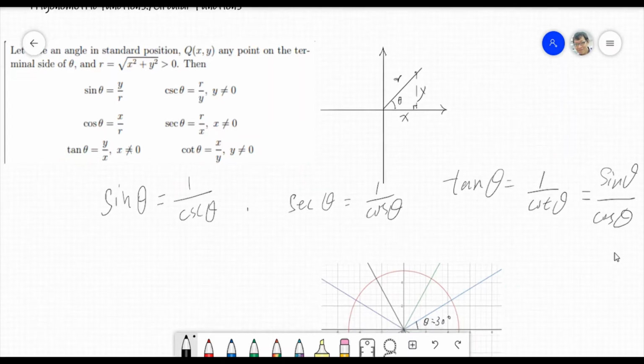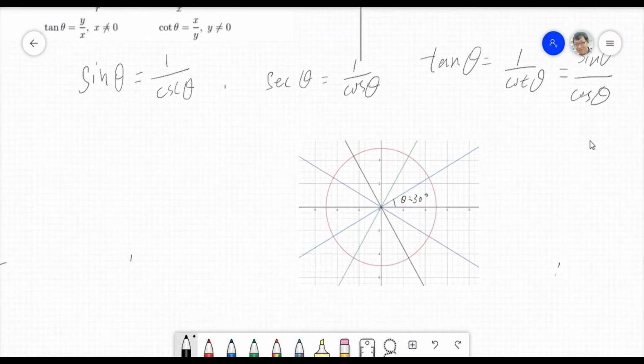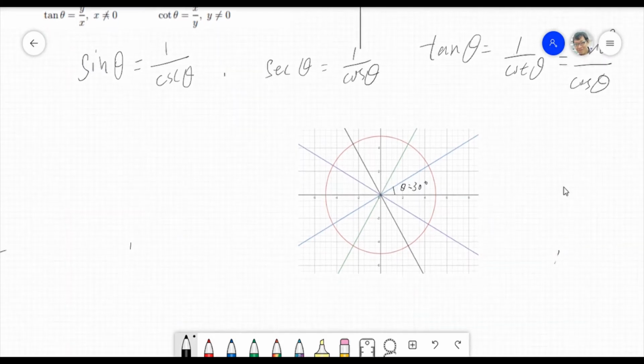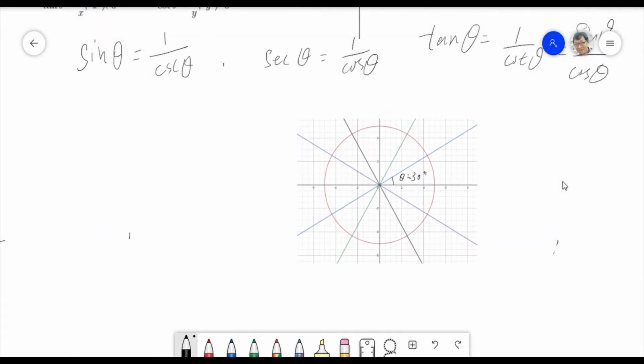After we know these six trigonometric functions, I will give you the results for some very basic angles. This is very common, and somehow we need to remember it.